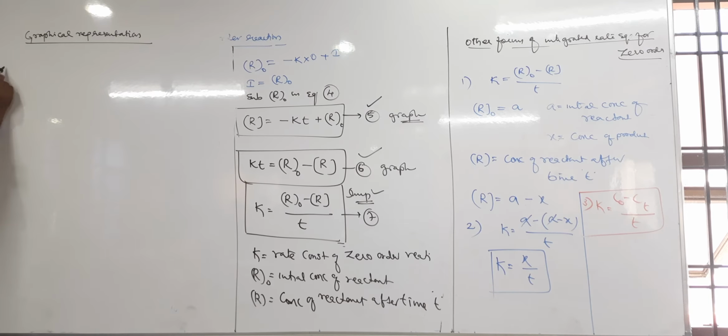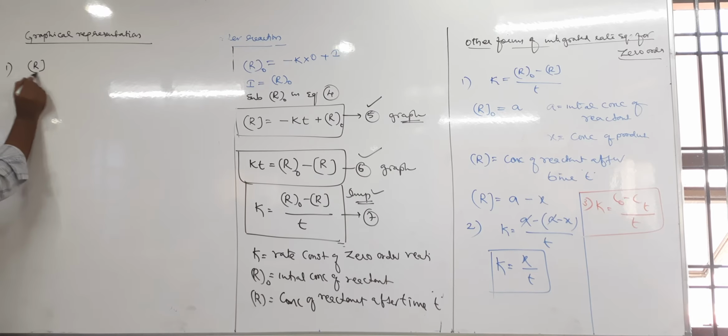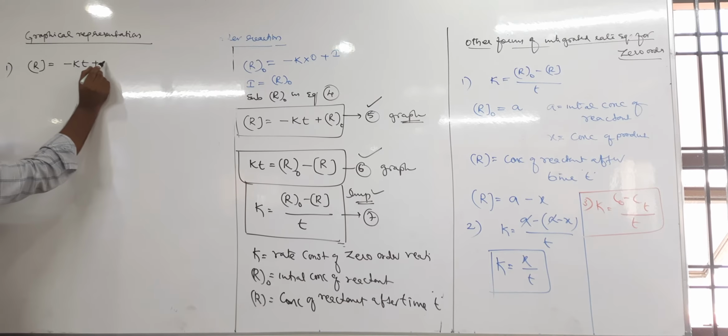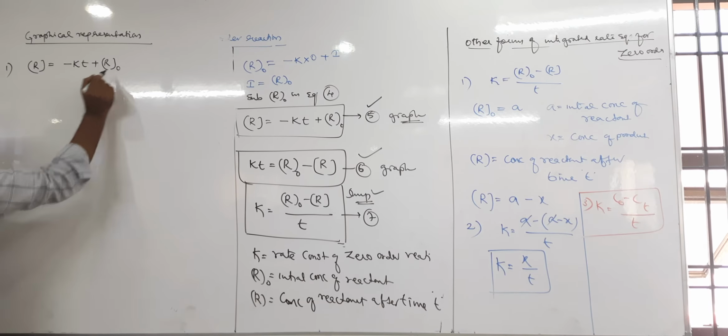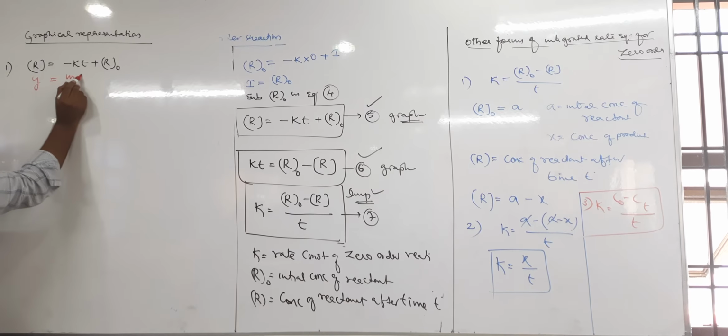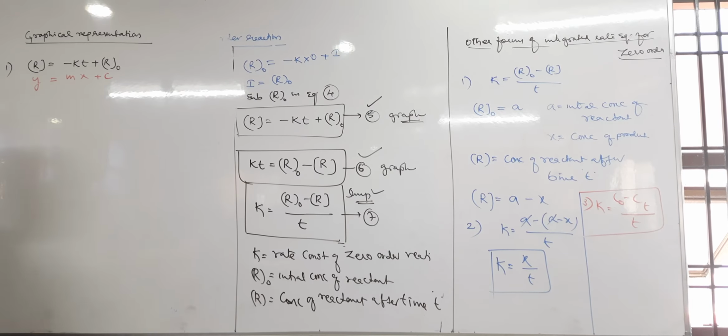First one, R equal to minus Kt plus R naught. Tell me, a graph is plotted, this is y equal to mx plus c.